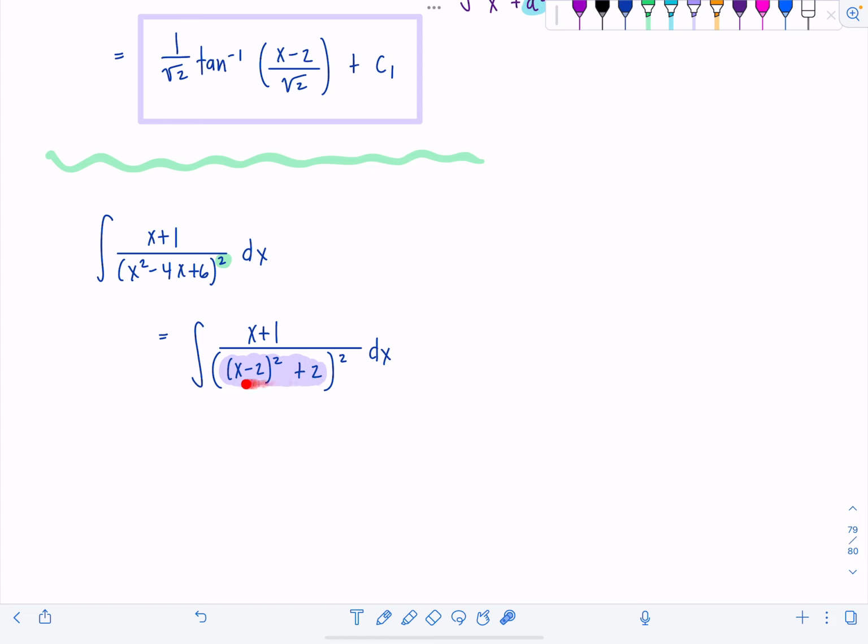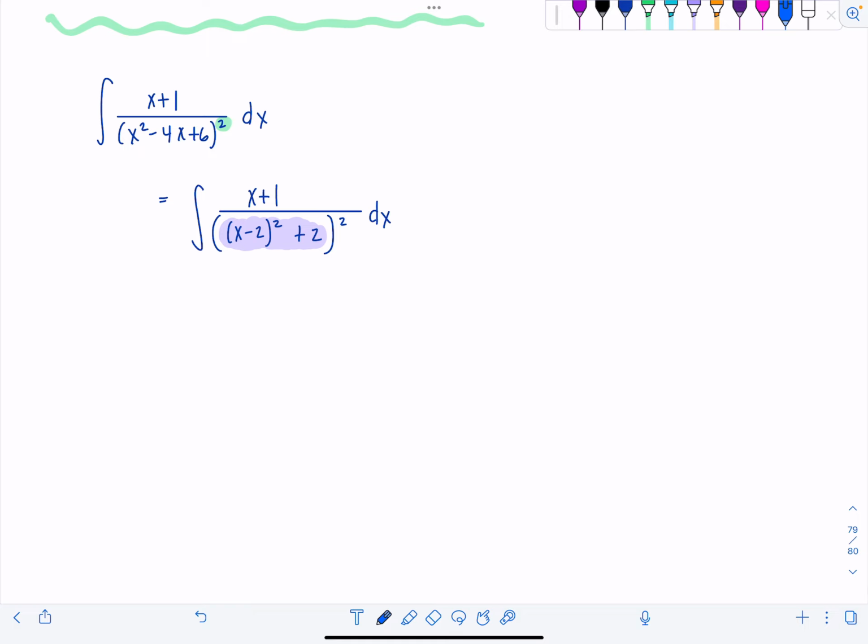If I let that be u, it's degree 2, then du will be degree 1. So I'm hoping that'll get the ball rolling, but I am going to have to tweak things a little bit. So let u equal (x minus 2) quantity squared plus 2.